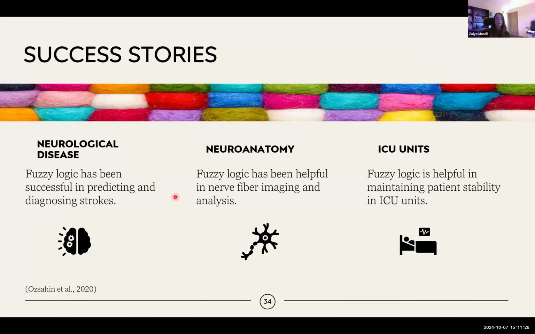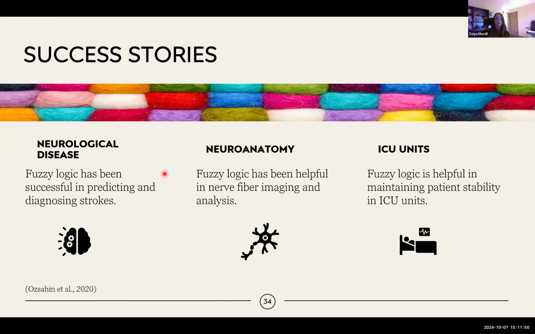Some places where it's being used right now, in one study particularly, which I thought was interesting, was neurology. It's already been successful in predicting and diagnosing strokes. One reason this is interesting is that strokes are notoriously difficult to predict, because we tend to say in binary terms that this symptom will result in a stroke, but it's actually really hard to tell.